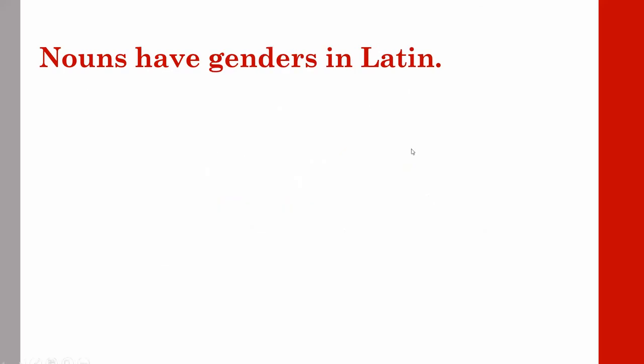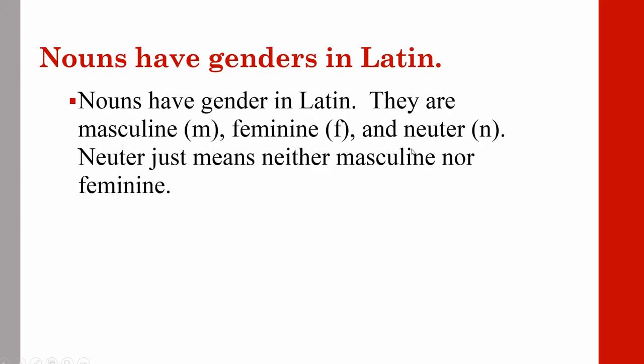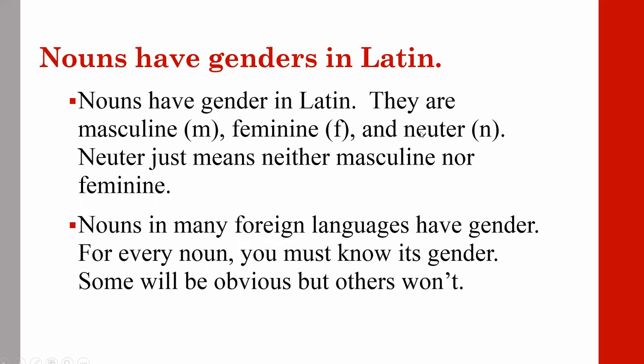Nouns also have genders in Latin, so that's what that letter was. It meant feminine. There's also a masculine gender, and there is a neuter gender. Neuter is a gender. It doesn't mean absence of gender. Many foreign languages have gender. It's actually a little strange to me that English does not classify all their nouns and genders.